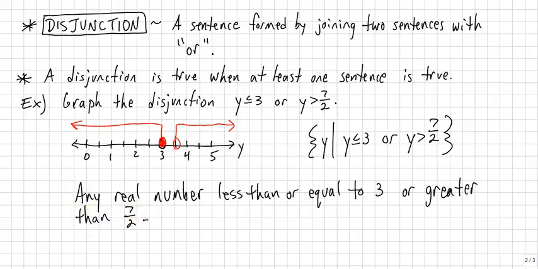So there are some numbers that don't work. Like if you pick something bigger than 3 but smaller than 7 halves, that would not work. So any of the numbers in this area right here, those don't work. So these are not solutions in here. Okay, so in this particular one, there are some values of y that would not solve that inequality, that disjunction.